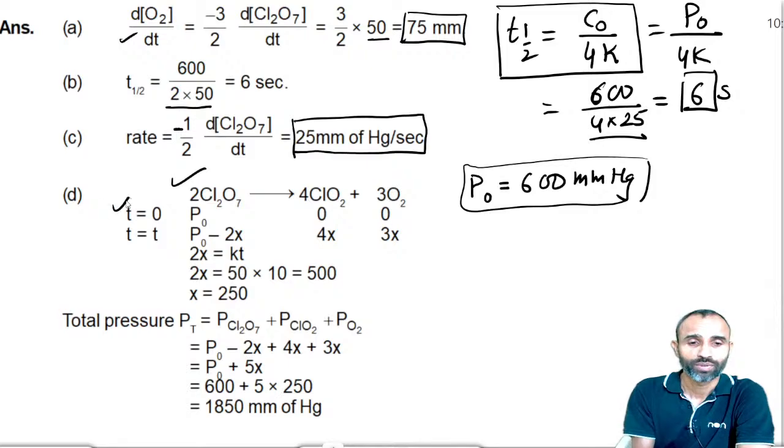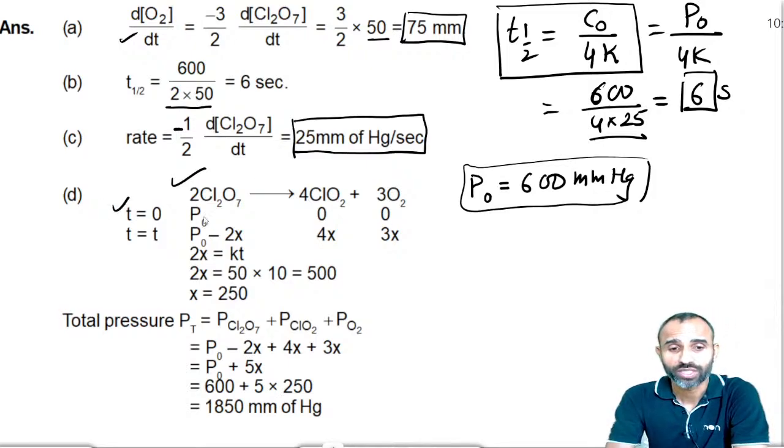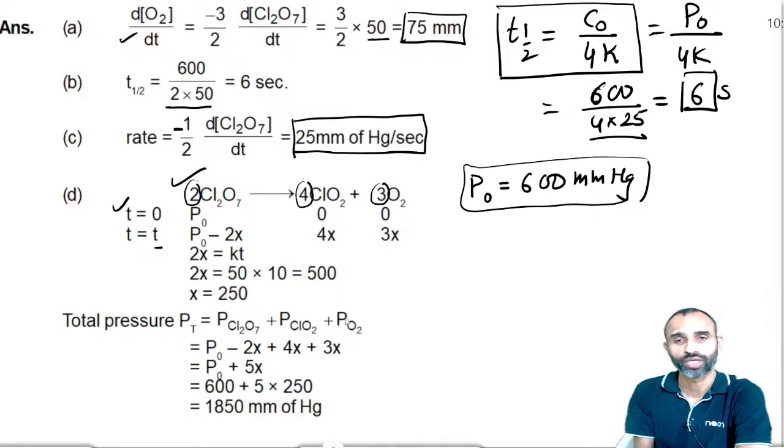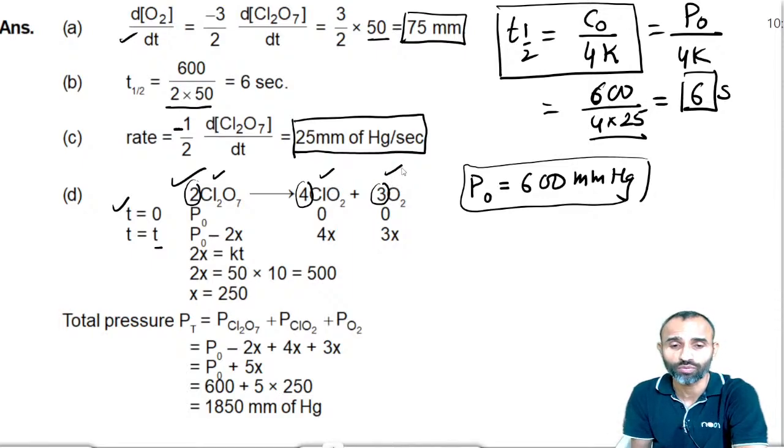So initial pressure of Cl2O7 is taken as P naught, and at time t it is P naught minus 2x, ClO2 is 4x, and O2 is 3x. Because if 2 moles of Cl2O7 decompose, we get 4 moles of ClO2 and 3 moles of O2.